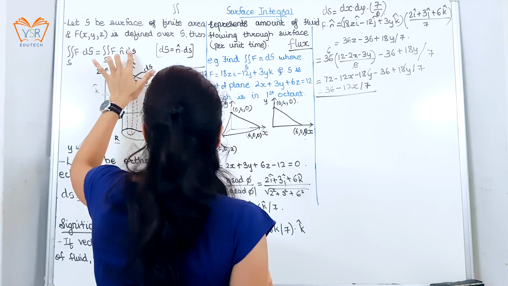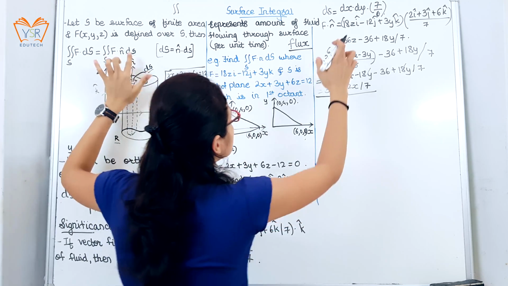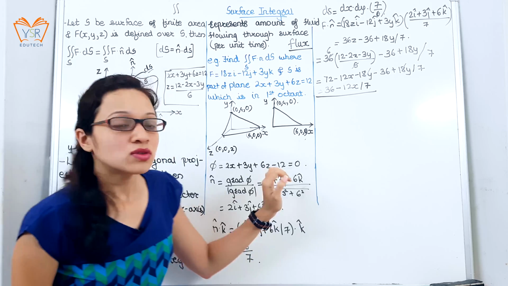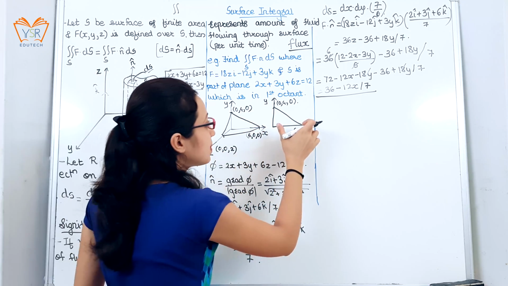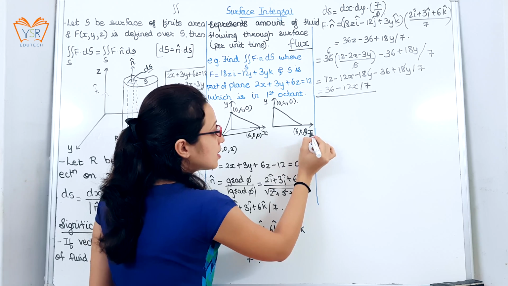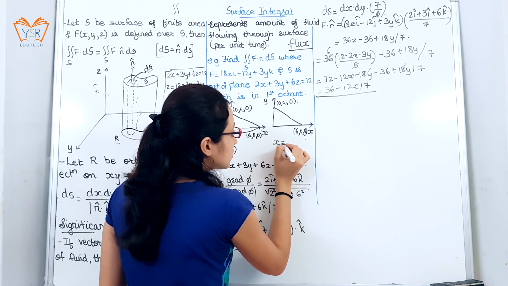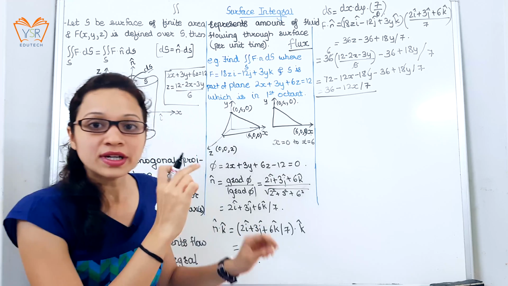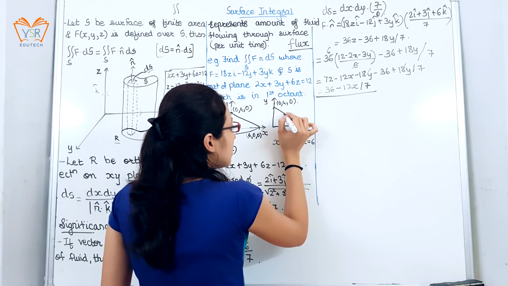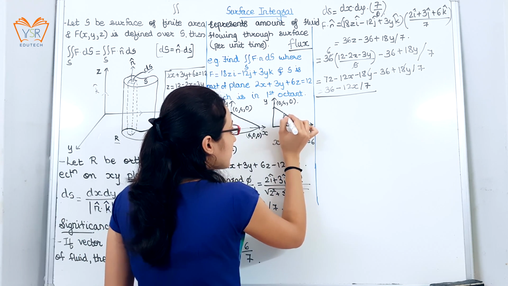So we have found the value of ds here. Now we are supposed to find the limits for x and y. Since we have projected it on the xy plane, the limits of x will be x equal to 0 to x equal to 6. To find the limits of y, consider a strip here.